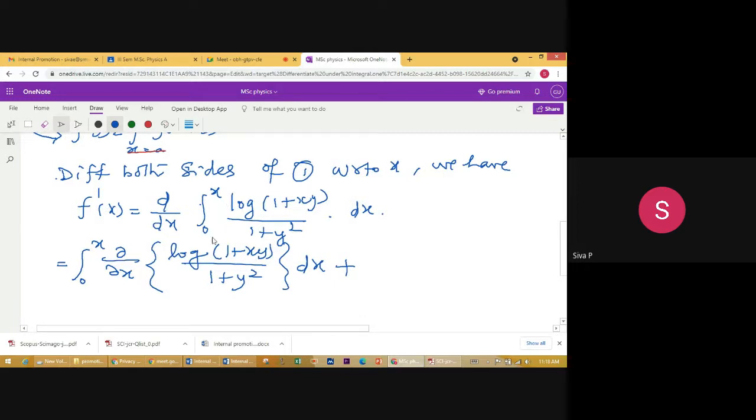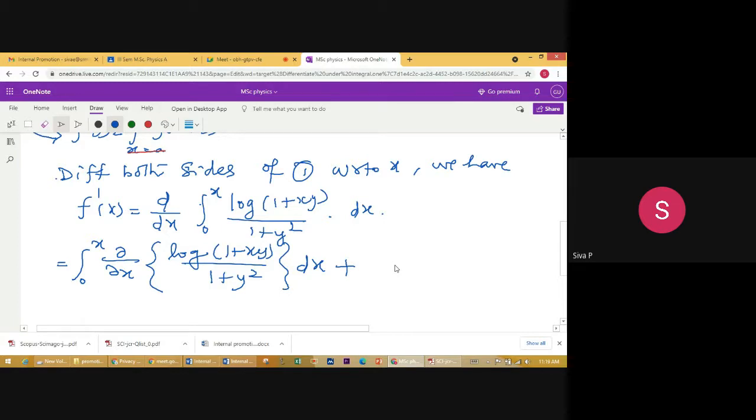the upper limit term. By Leibniz rule, what is the formula for the variable limit?